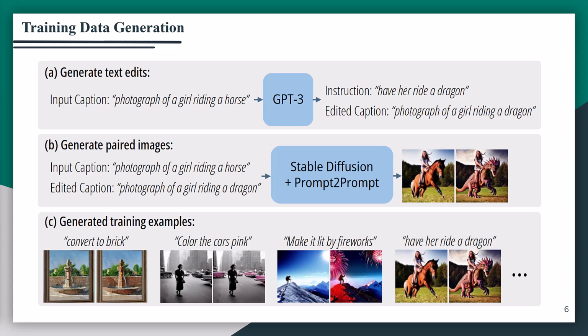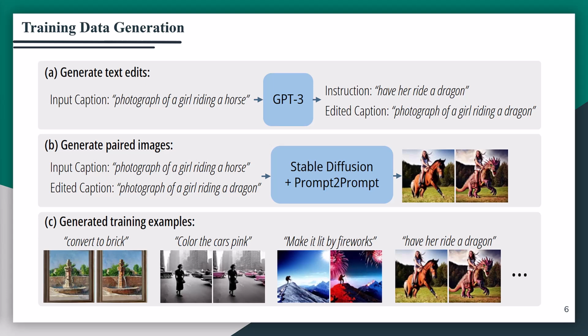So, this is the big picture of the methodology. The model consists of two parts: the first part is generating an image editing dataset, and the second is training a diffusion model on that dataset.